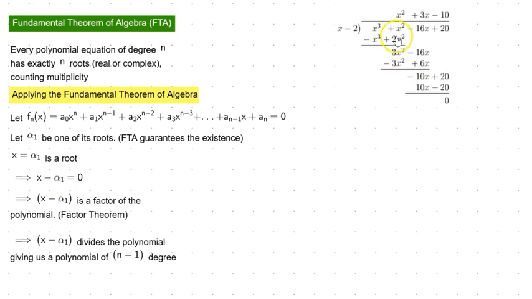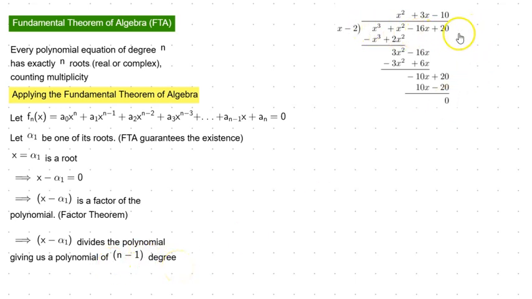If you remember, we were trying to solve x cube plus x square minus 16x plus 20 equal to 0. And by trying out small integer values, we arrived at x minus 2 as a factor. Then, using long division, we divided x cube plus x square minus 16x plus 20 by x minus 2 to get x square plus 3x minus 10, which is exactly what this statement is talking about. x minus alpha 1 divides the polynomial, giving us a polynomial of n minus 1 degree.